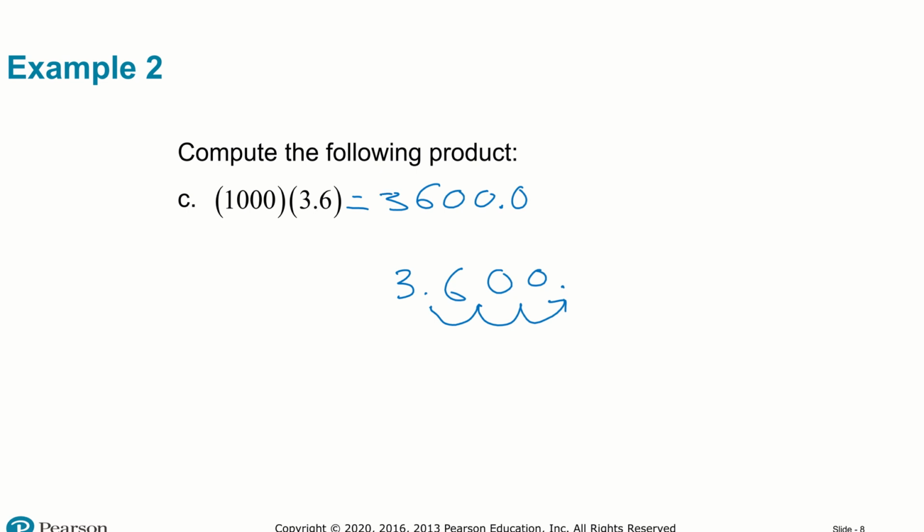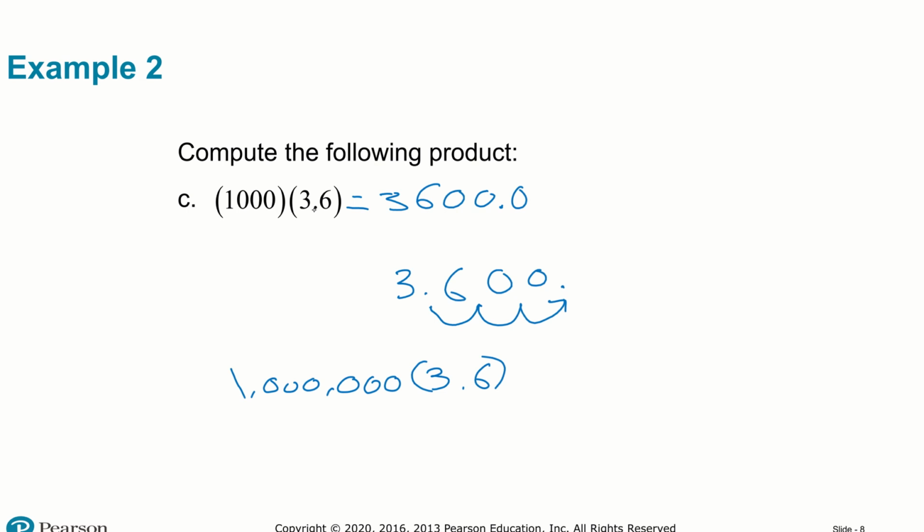We'll get into that a little bit toward the end of the video as far as significant figures are concerned, or significant digits. Now, what would happen if you multiplied 1,000,000 by 3.6?